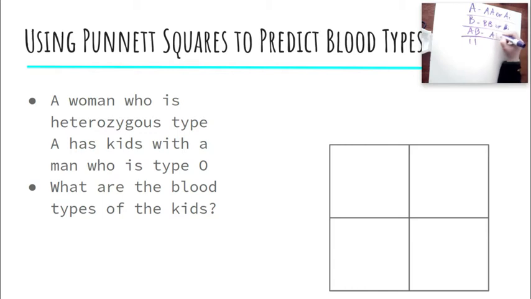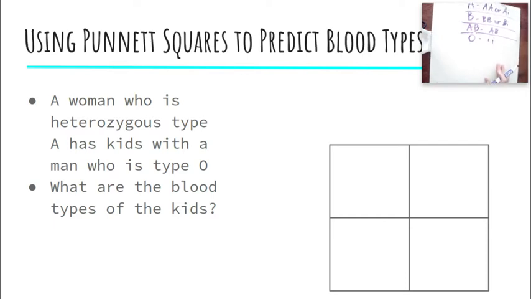Type AB blood is just capital A, capital B, and type O blood is little i, little i. Those are the possible genotypes for each blood type. The first ones are homozygous for A and homozygous for B, and the others are heterozygous for A and heterozygous for B.